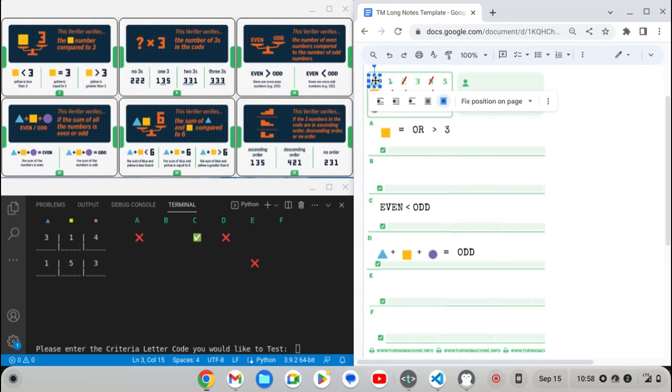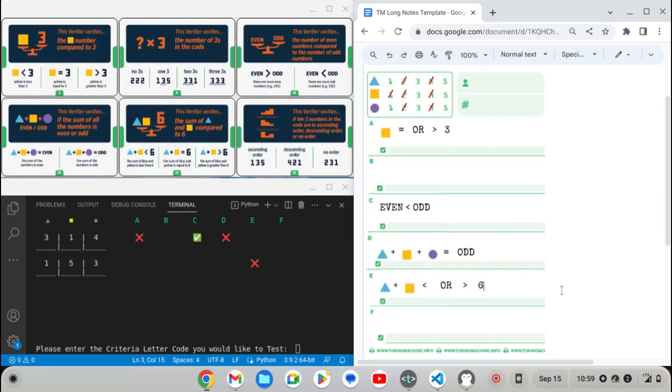And that again was for section E. And that is that triangle plus square is either less than or greater than 6.